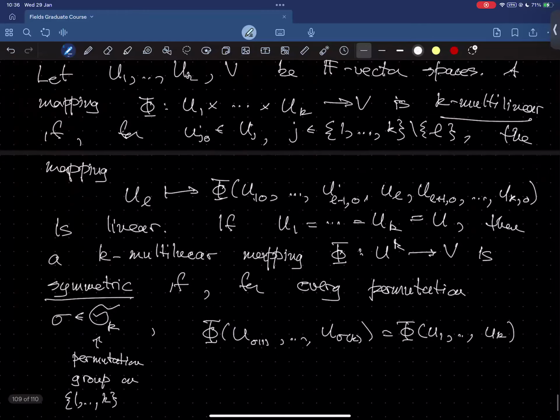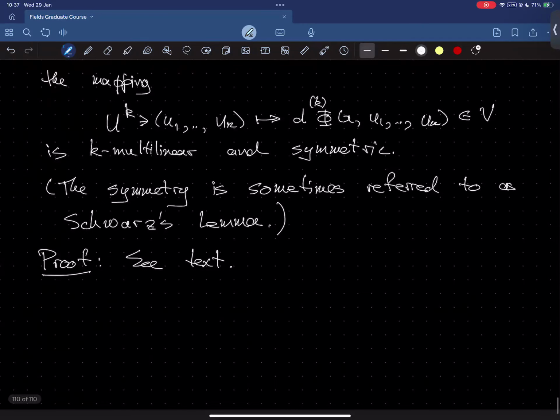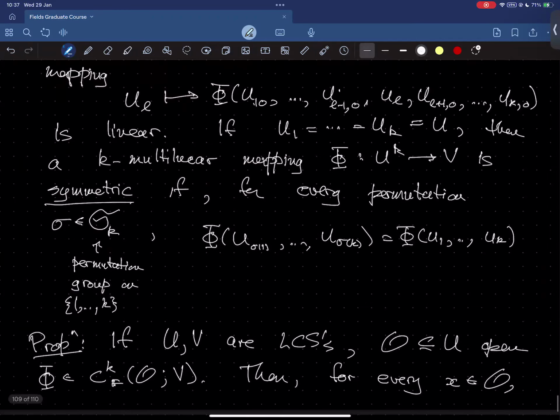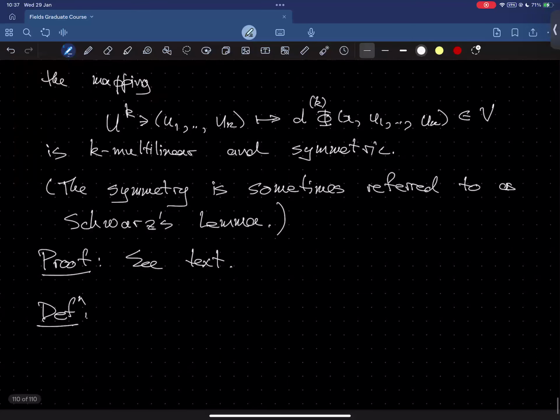So let's make a connection now between what we do and what you do in multivariable calculus in terms of derivatives. What's the connection between this thing and this thing precisely? So, definition. Oh, I should have set up some notation here.